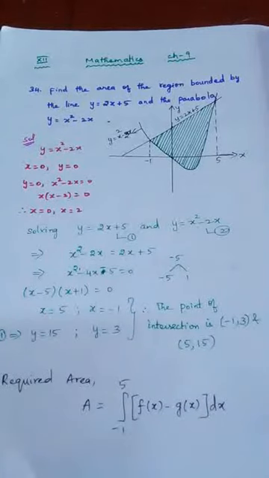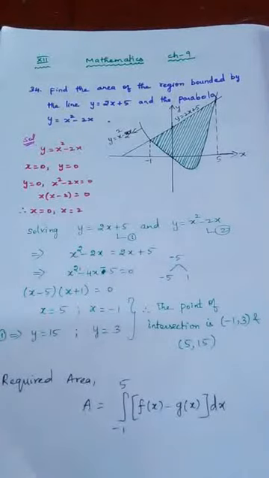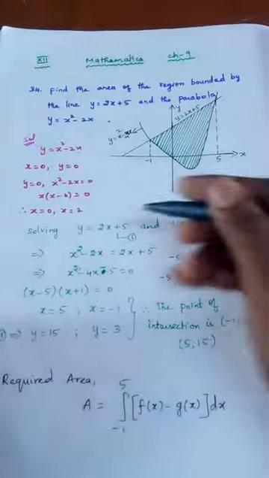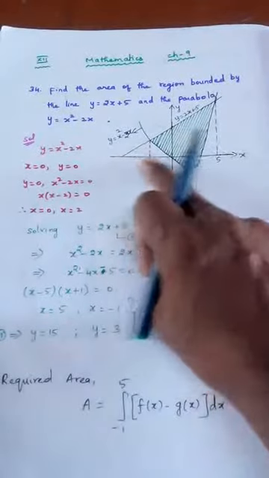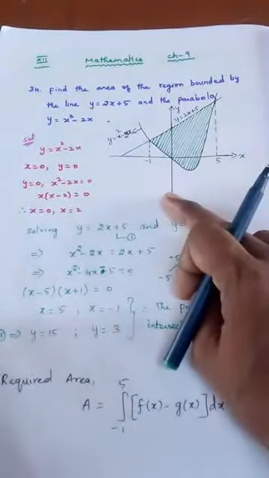In the answer, it is important to draw the diagram correctly. So how to draw the diagram? First I will explain, try to understand, listen properly. First the x-axis and y-axis we will draw.